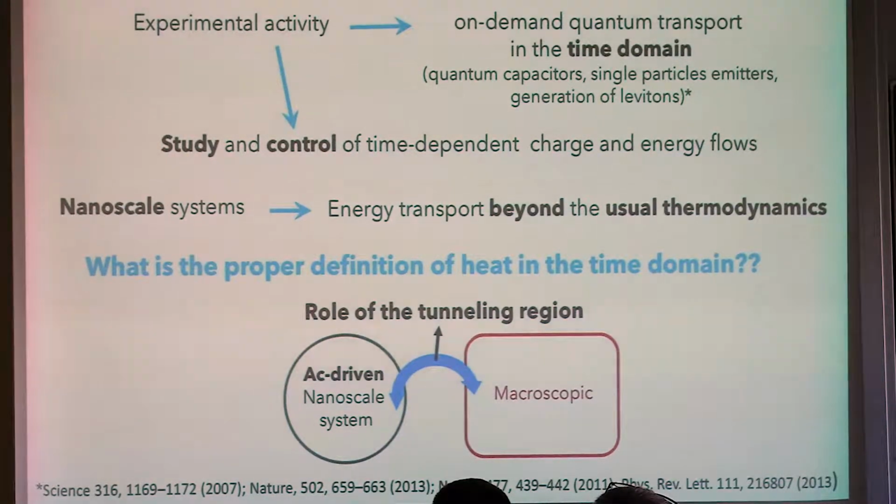But for a system that is within the nanoscale and out of equilibrium, this is a more complex and deep issue. The main point is that the tunneling region is playing a role, storing some energy. I will explain it in detail in the next slide.